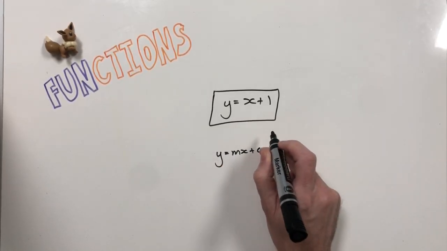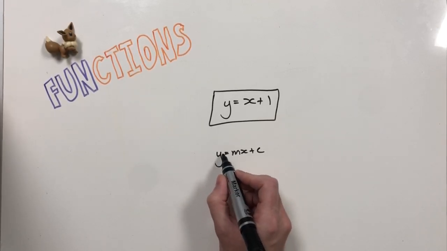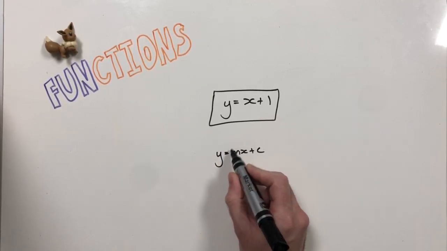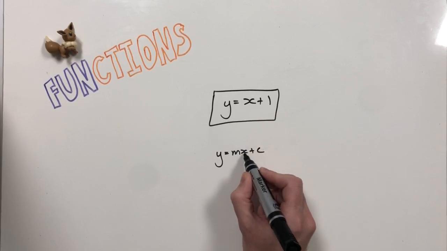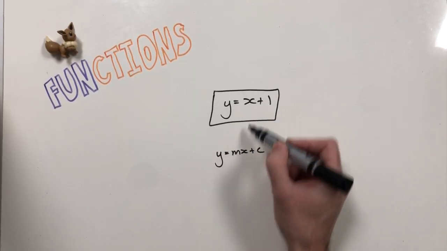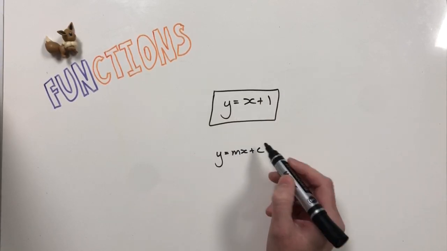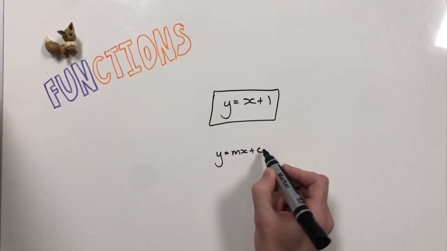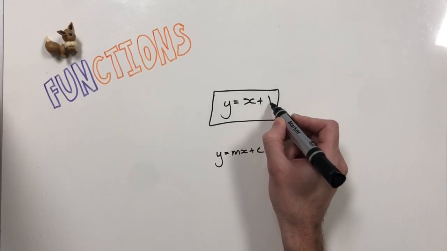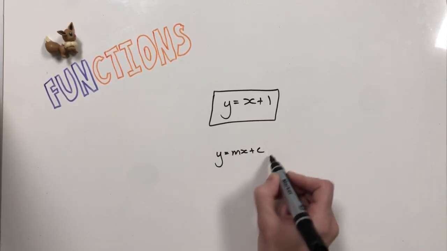Sometimes this c is also called b, but this is the standard form. Y on this side, m is just the number before the x. In this case, m would be a positive 1. And then plus c, and in this case c is 1.